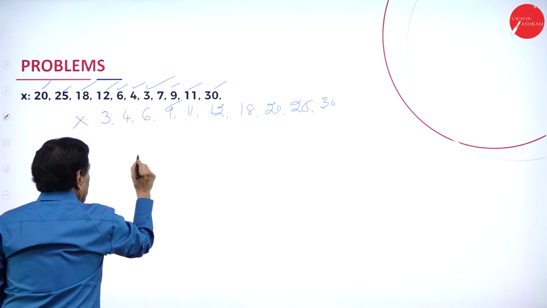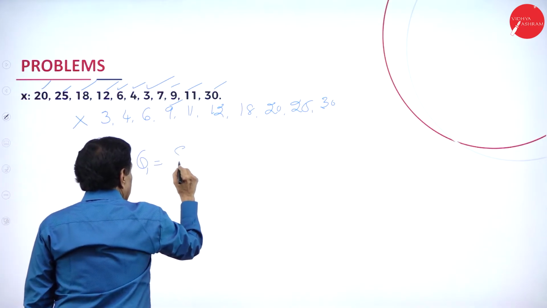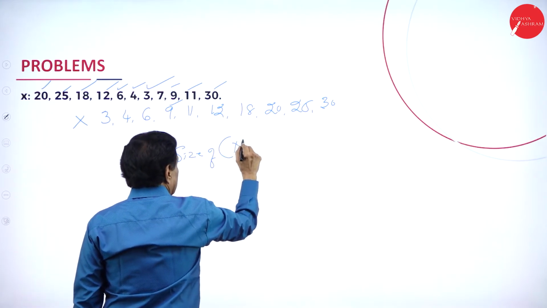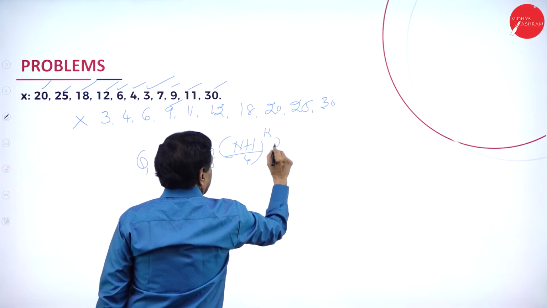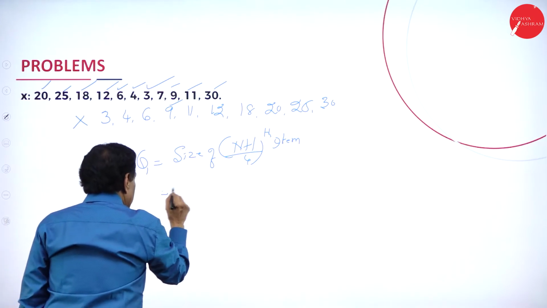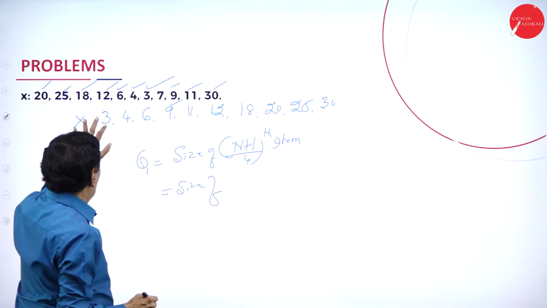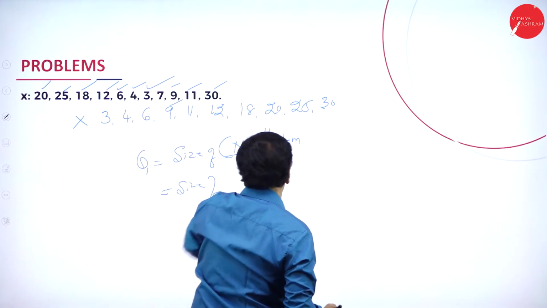Here Q1 is equal to size of (n plus 1) divided by 4th item. What's your n? 1, 2, 3, 4, 5, 6, 7, 8, 9, 10.